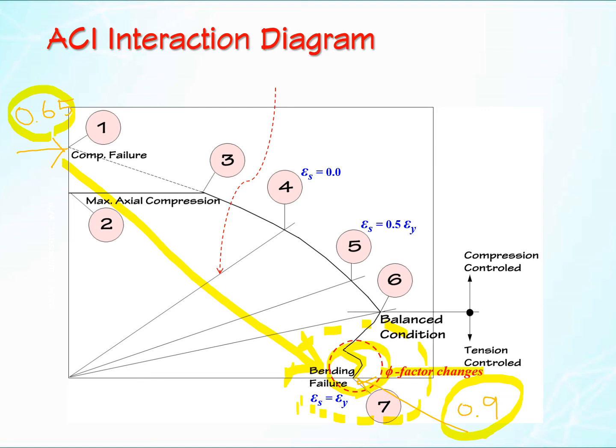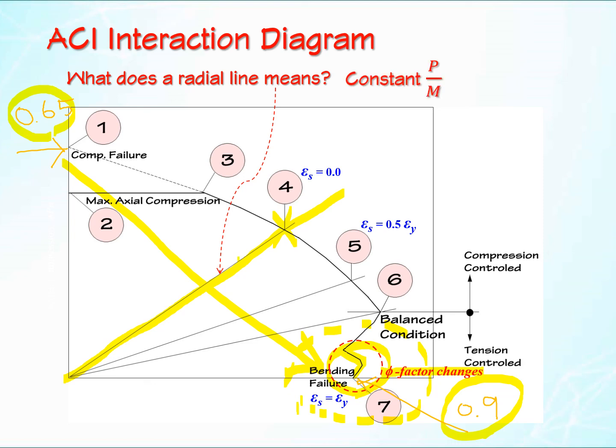And second, what does this radial line mean? If you draw a straight line from the origin to a certain specific spot on the interaction diagram, that means the slope, which is P over M, is constant, which means your e value is constant.